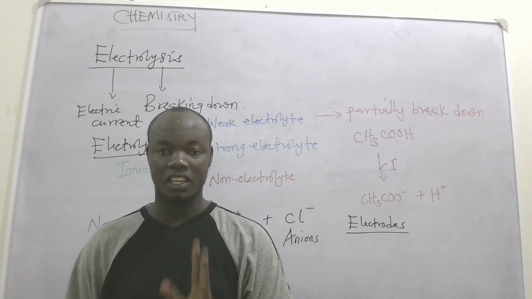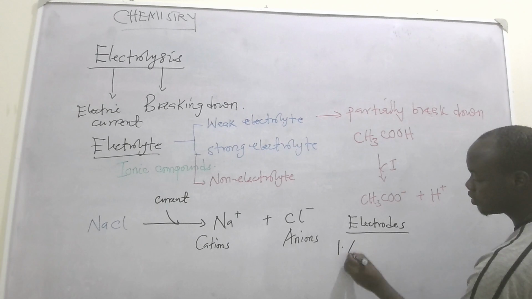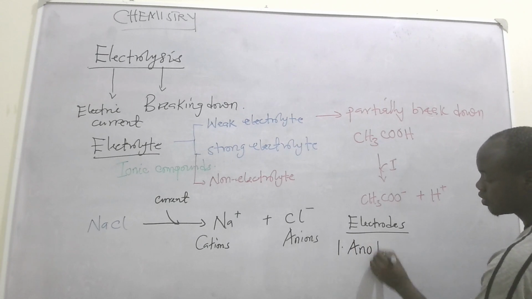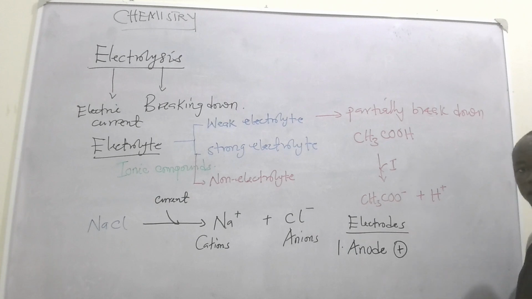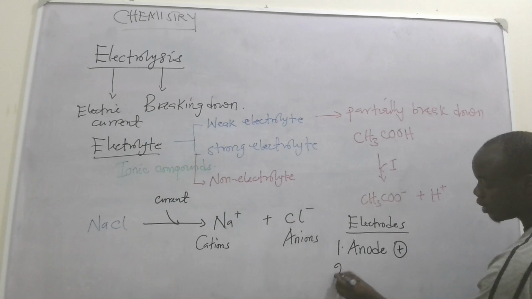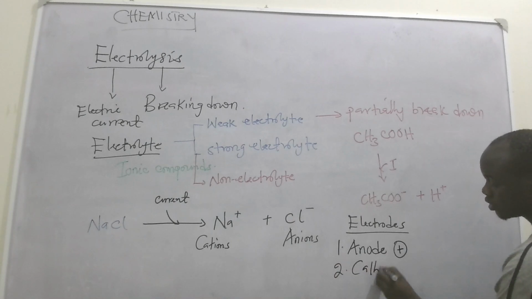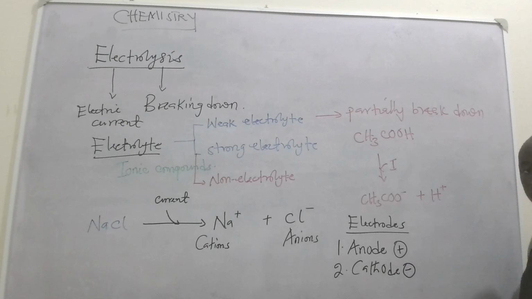We have two types of electrodes: anodes and cathodes. The anode is the positive charge electrode, and the cathode is the negative charge electrode.